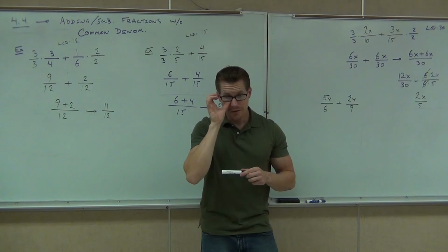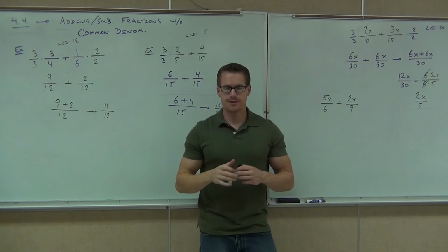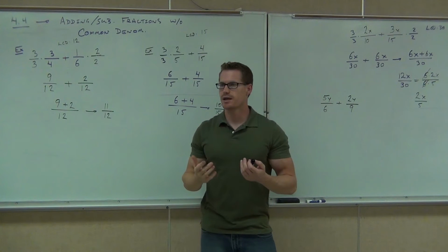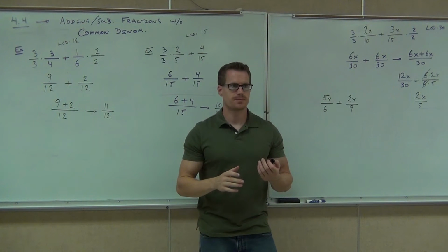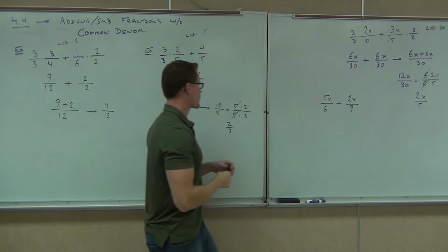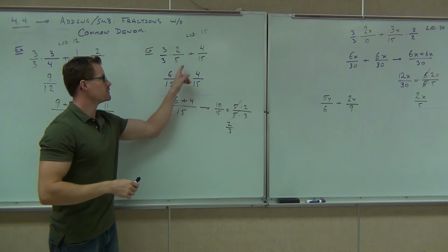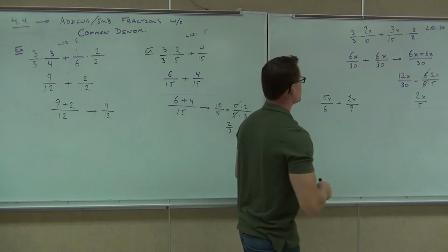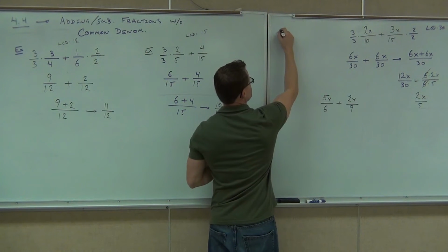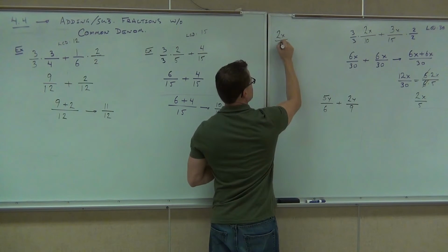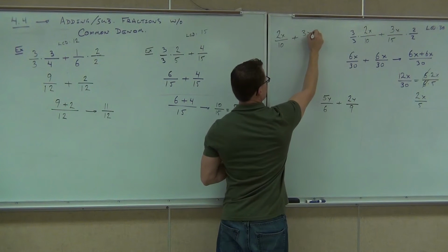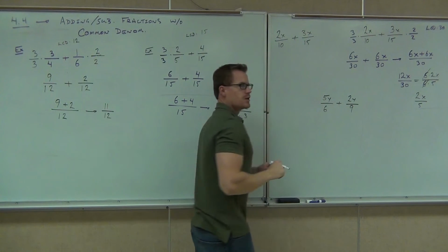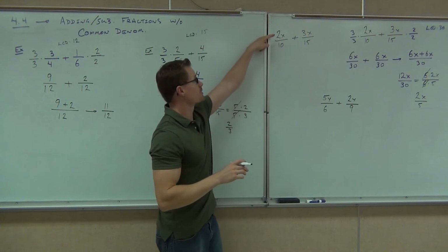When you're adding and subtracting fractions, there's nothing that says you can't simplify first. Now, of course, we wouldn't want to simplify here because we purposely unsimplified. But check this out. If I start with my 2x over 10 plus 3x over 15, do you guys see that I could simplify this one immediately?